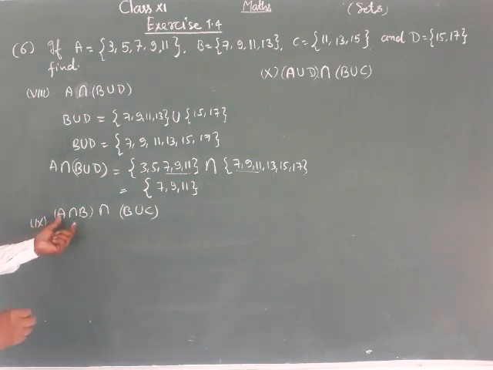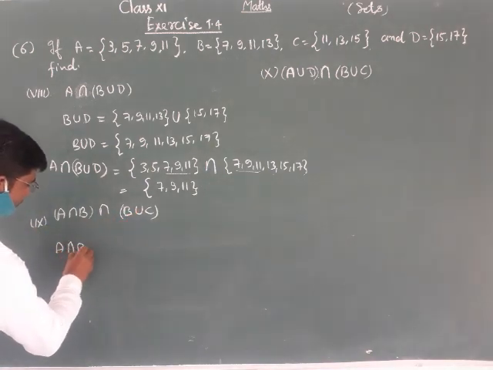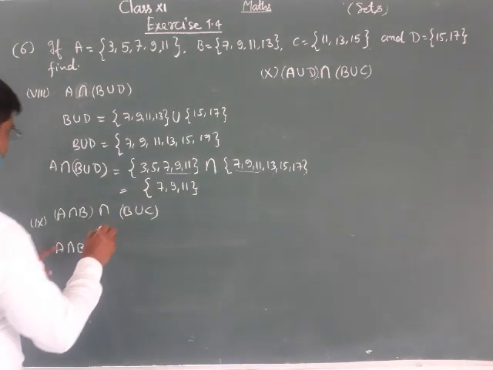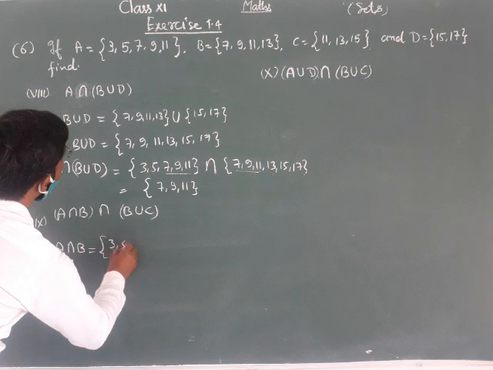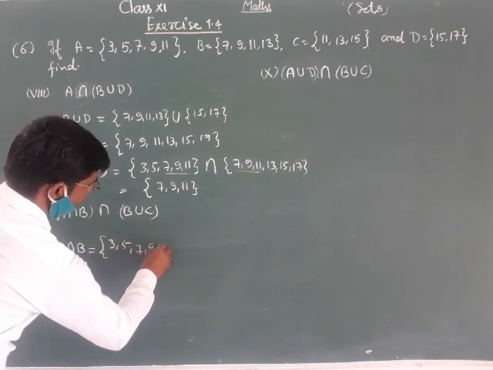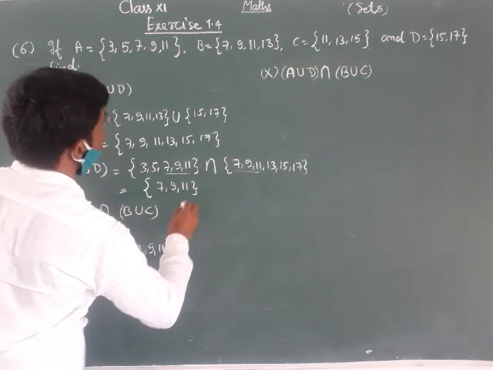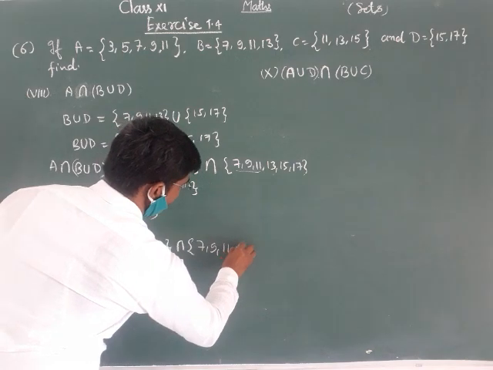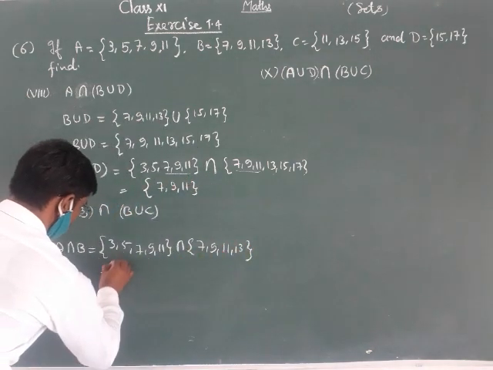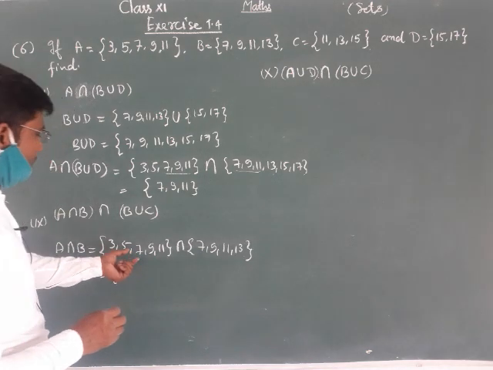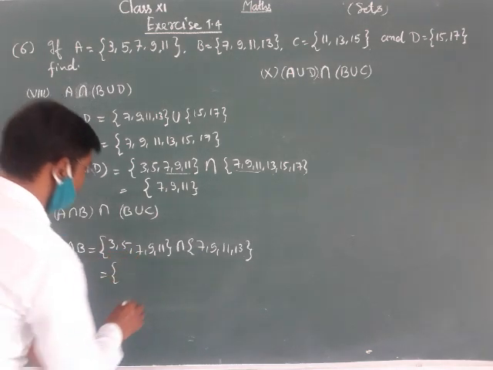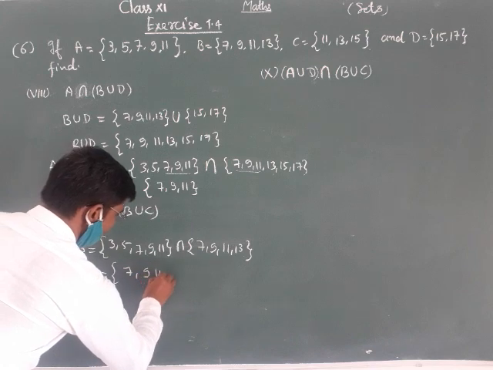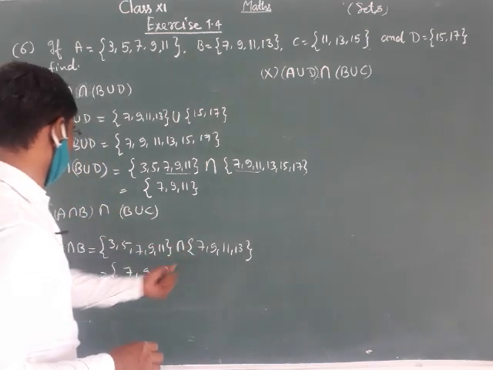Part 9, we find A intersection B and also intersection B union C. Initially we find A intersection B. A has elements 3, 5, 7, 9, 11, and intersection B has elements 7, 9, 11 and 13. The common elements are 7, 9, 11.